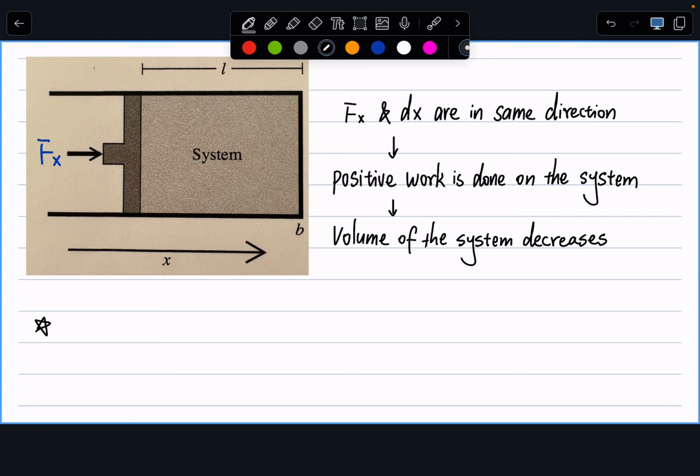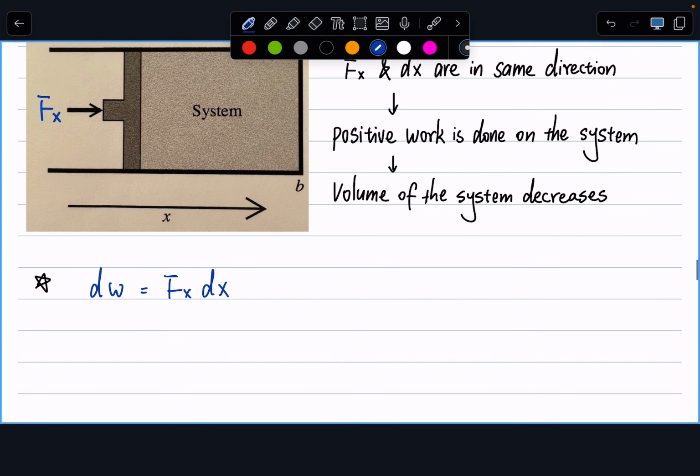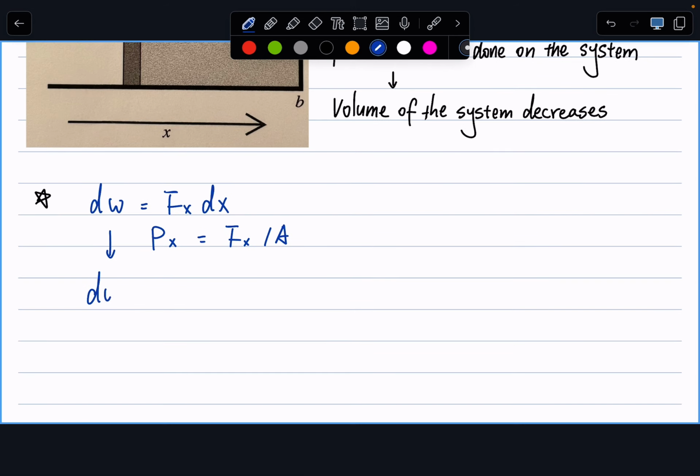Now, remember we have dW equals Fx dx. In this process, we have pressure Px equals Fx divided by area, and then the work equals Px A dx.